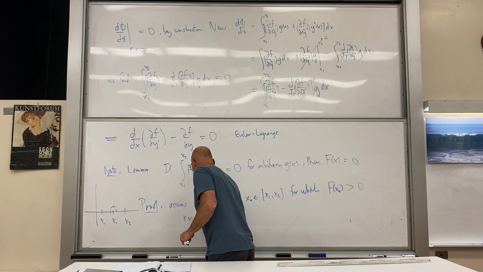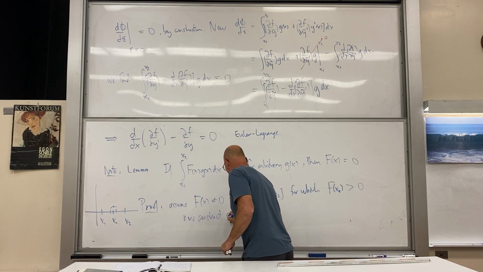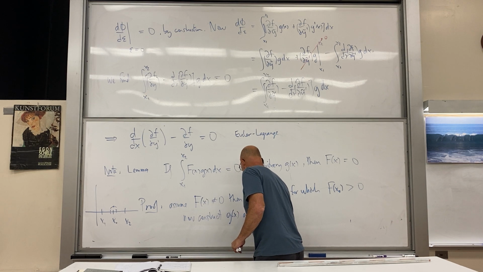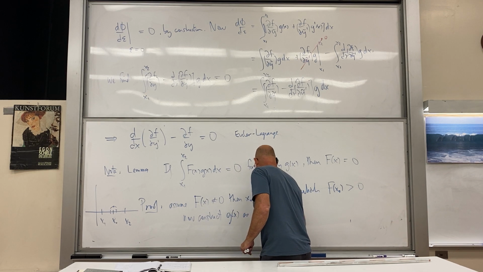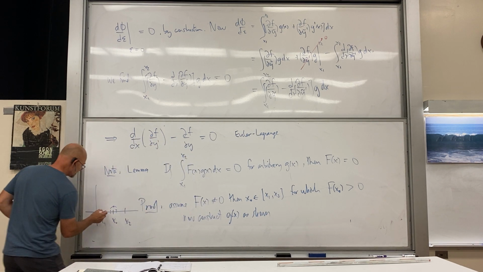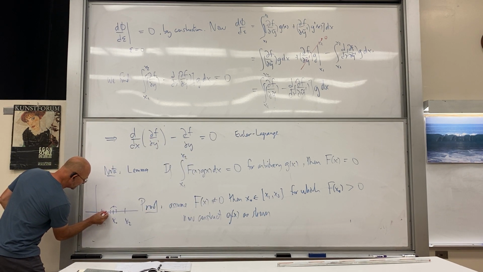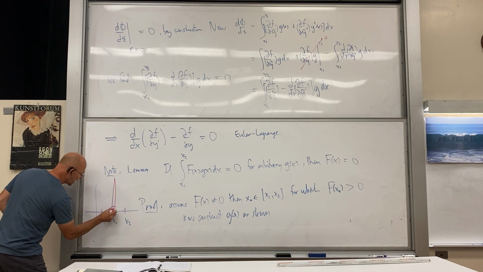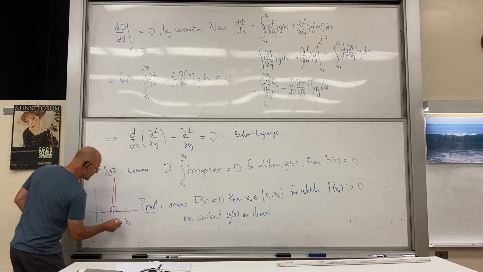So what we do now is we just construct g of x as shown in the picture. Right, I'm not going to formalize this. We construct a g of x that is 0, and then inside this little sub-interval, we just get a spike, goes back to 0.